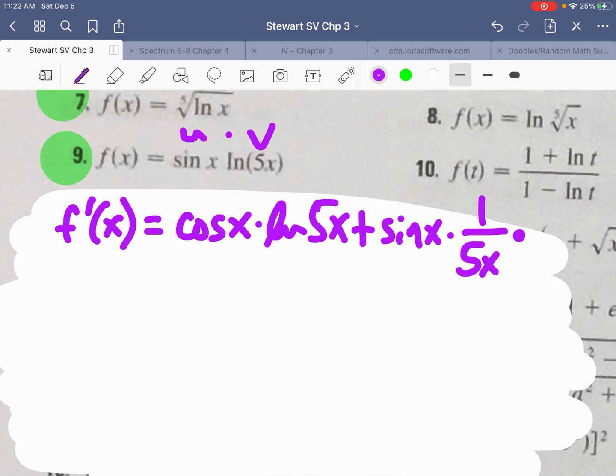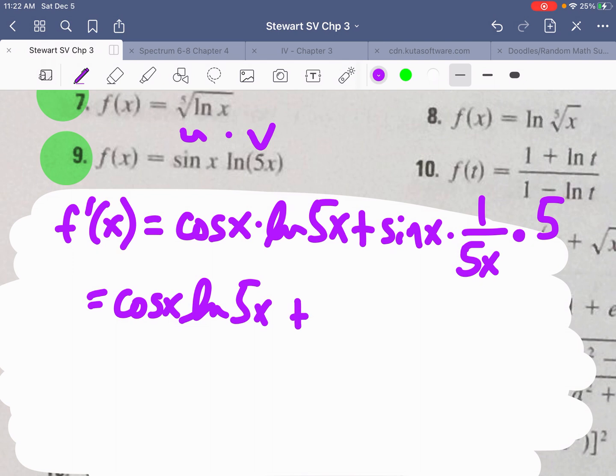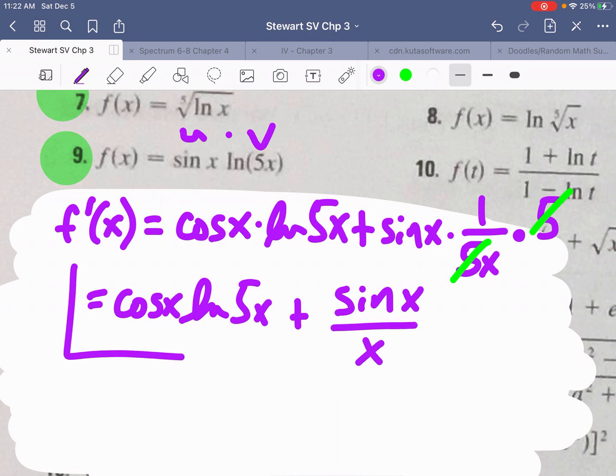So we have 1 over 5x times the derivative of 5x, which is just 5. And simplifying things ever so slightly, I get cosine x, natural log 5x, plus, well, these 5's can actually cancel each other out. And what I would end up with is sine x over x. And that would be my answer.